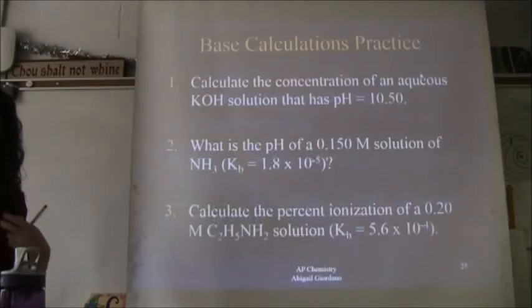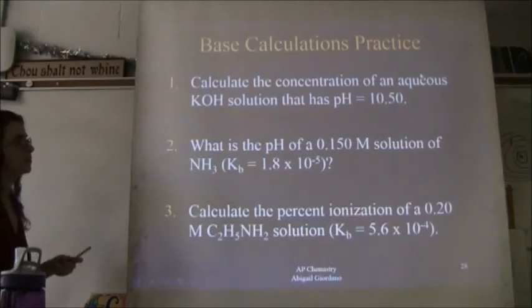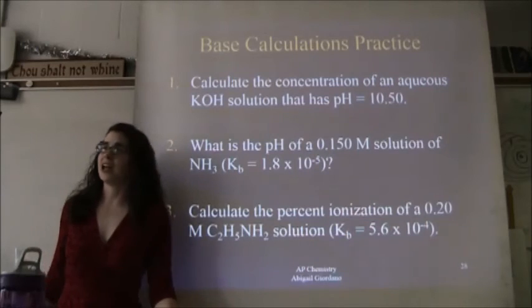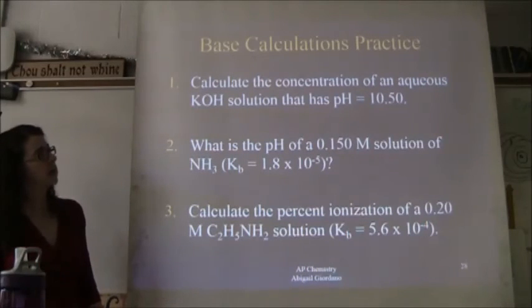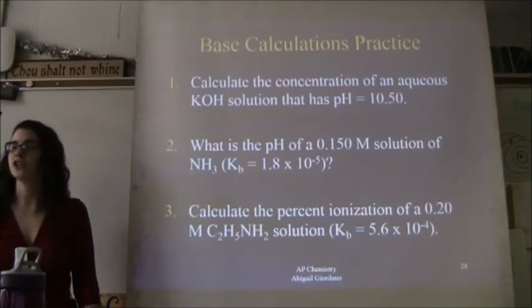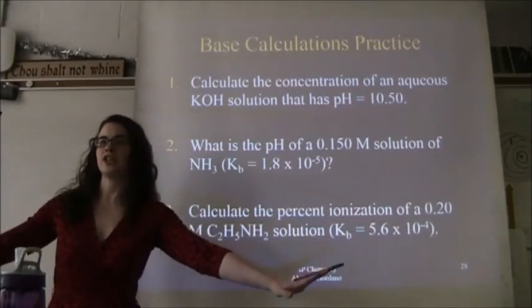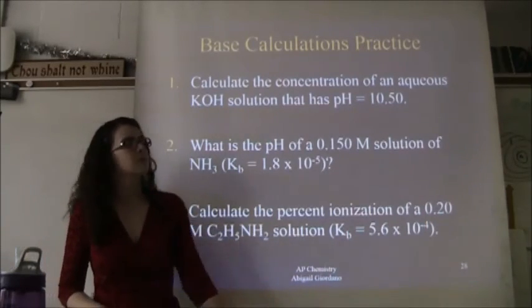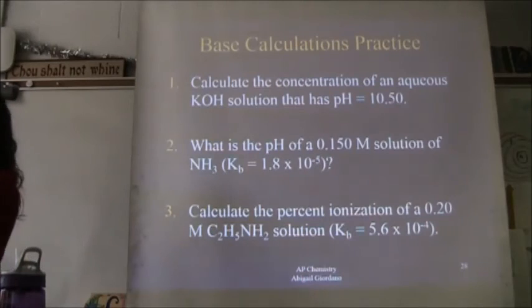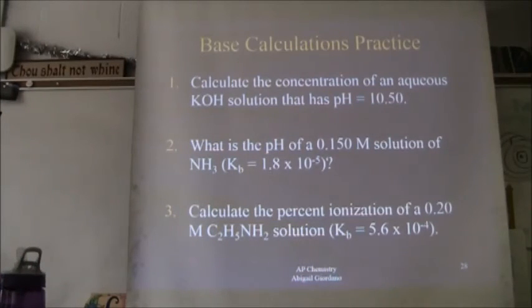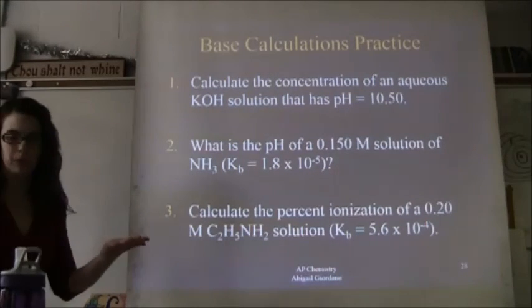Here is your final task for the day. Now, this is not as much as it looks like, because let me just say something, and then I'm going to let you go on your own. Somebody tell me, why was it last class that strong acid problems were so quick, so fast? Because they equal the things. Okay. We didn't need an ice table, right?